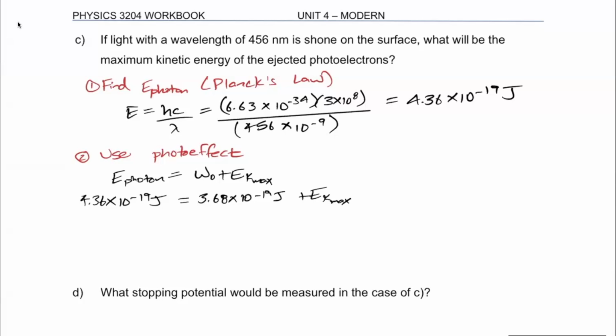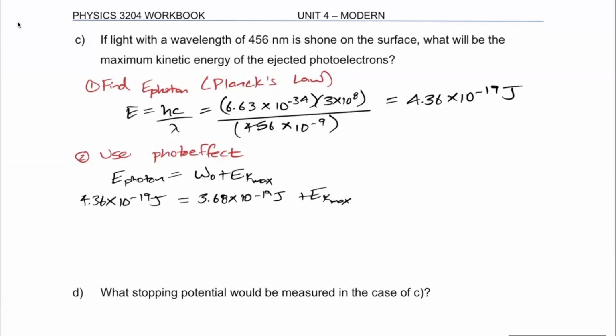This is algebra. How do I solve for EK max? No takers.